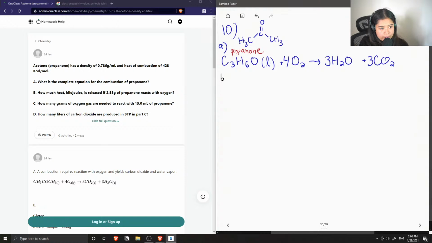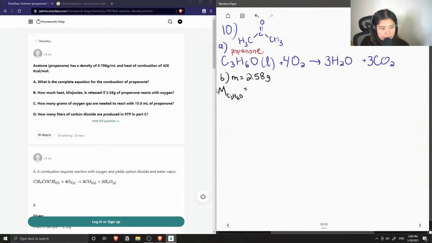And for part B, we want to know how much heat in kilojoules is released if 2.58 grams of propanone reacts with oxygen. So we know the mass of the propanone is 2.58 grams. And we first need to calculate the molar mass of propanone as well.